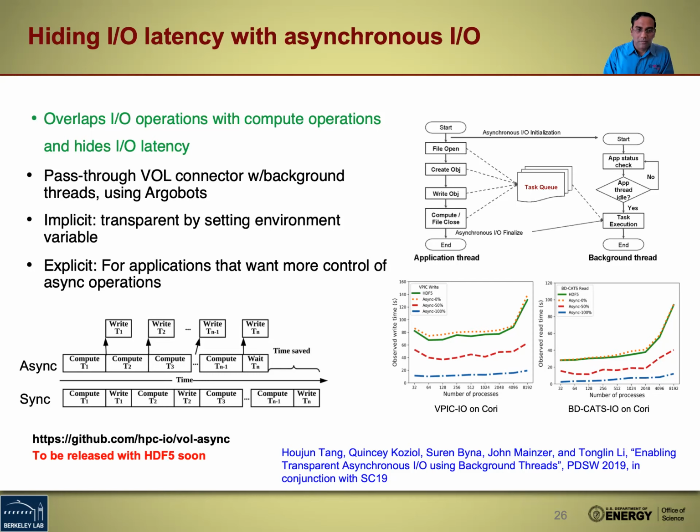And if we can overlap only 50% of the time, we save about 40% of the time, because the last time step has to wait. And if we can overlap all of the I/O time, read time or write time, with the compute time, we pretty much see a very small amount of I/O time.